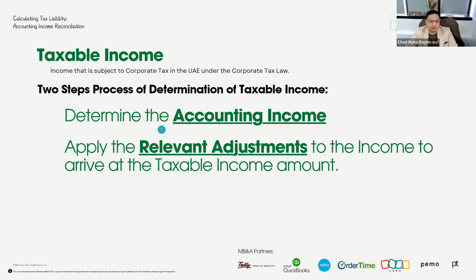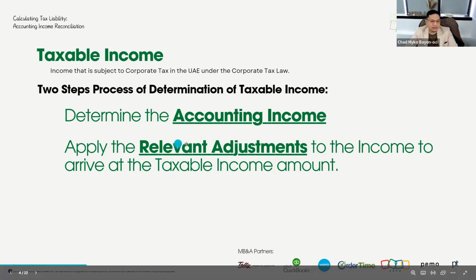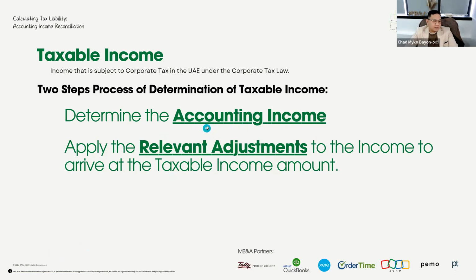So whenever you have the audited financial statements, this is what we call as statement of comprehensive income. So you will be able to see from there your profit and loss plus your OCI. Okay, so that's the basis, or that's the starting point of your determination of your taxable income.